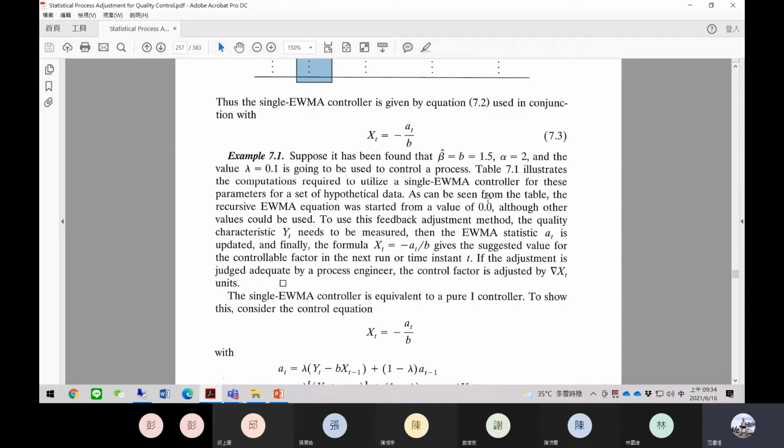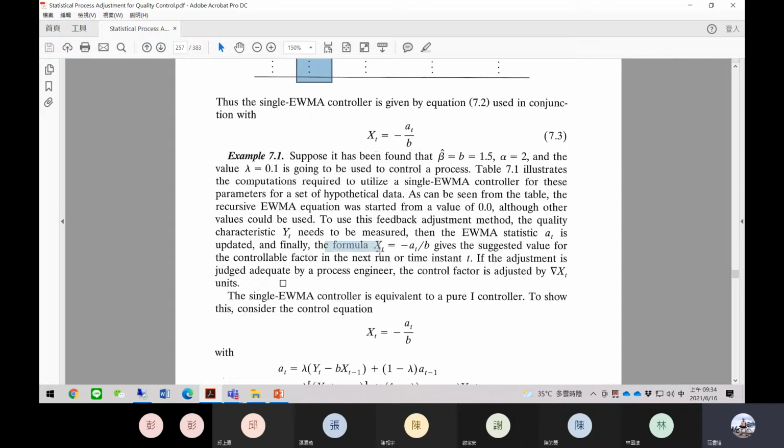So the single EWMA controller for this parameter is a set of hypothetical data. To use this feedback adjustment method, the quality characteristic yt needs to be measured. Then the EWMA statistic at is updated from run to run.